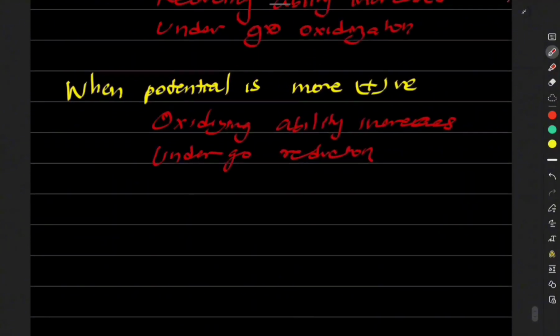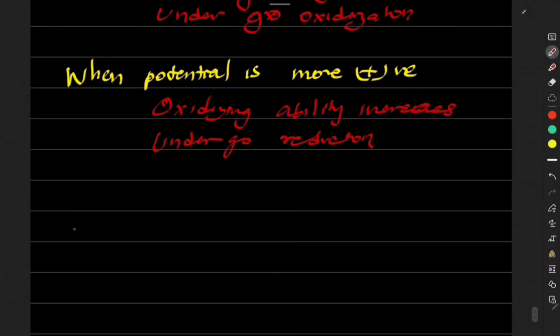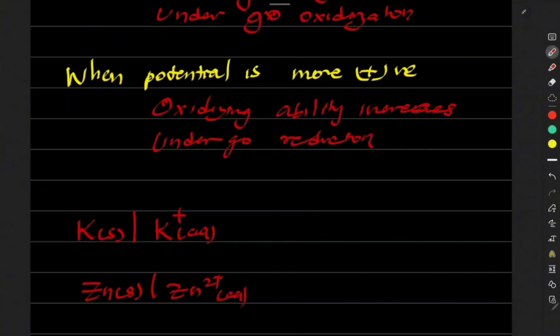Let's look at an example. If we consider potassium, there is a potassium solid and potassium ion electrode, and there is a zinc solid and the zinc 2 plus electrode.